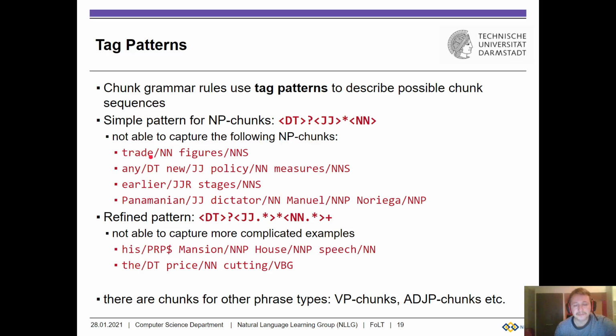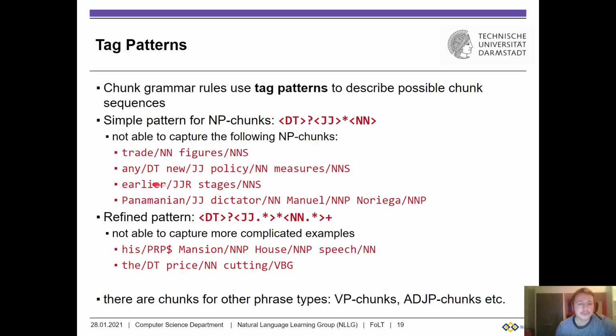many other NP chunks, such as trade figures, which starts with an NN and then an NNS. It would also miss any new policy measures. Why would it miss this? Because again, we have an NNS here, which I think is a plural noun.